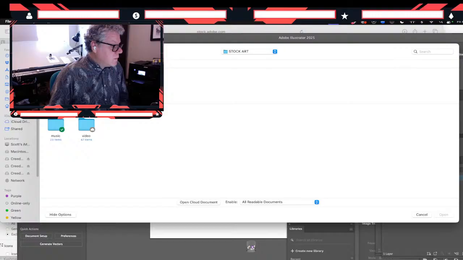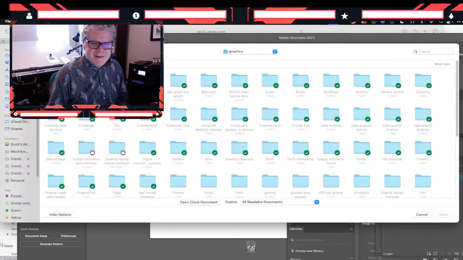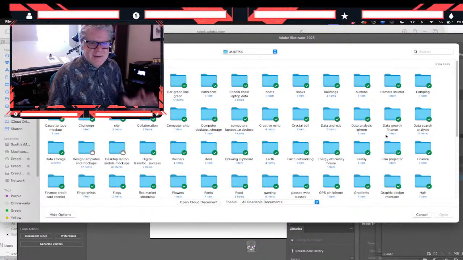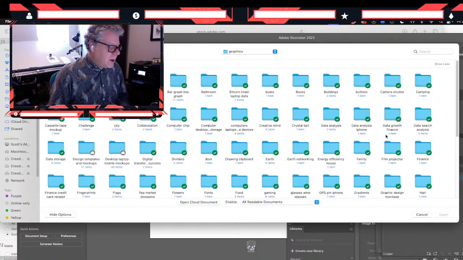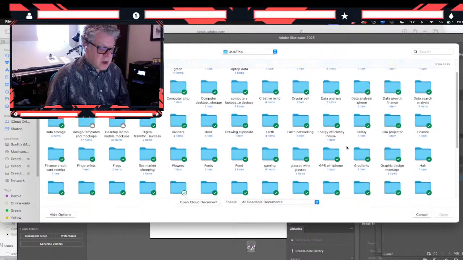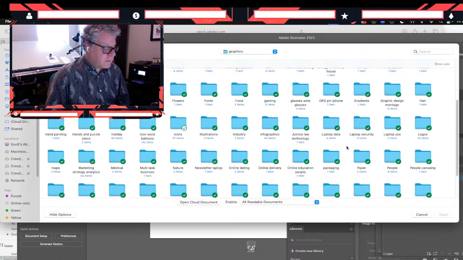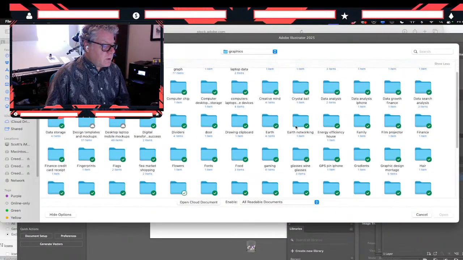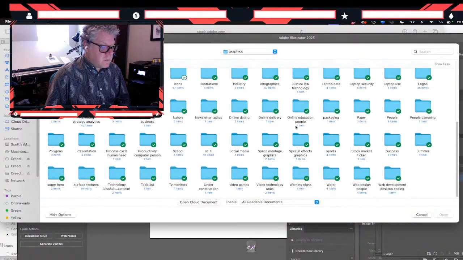I was just really sick, so I used some of that time to organize my stock art folder. It was just a mess, and I finally got it organized, which has been really awesome. It really saves me a lot of time now when I'm looking things up. So these are all the stock art images that I've purchased over the years.